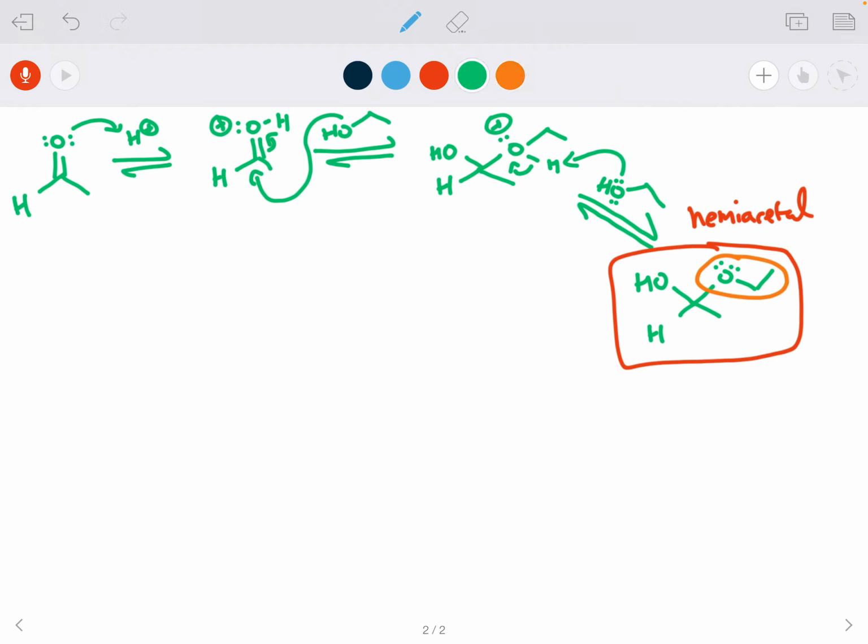So we'll be in equilibrium again, and it's the same step that we had as our first one. Strong acid, in this case sulfuric acid, can protonate the hydroxyl group. So now I've got a good leaving group.